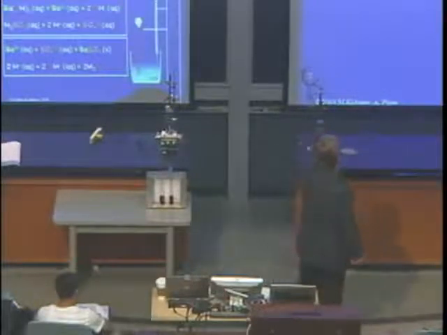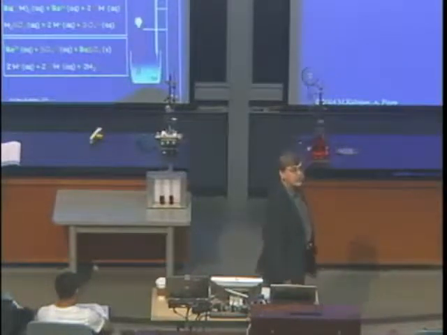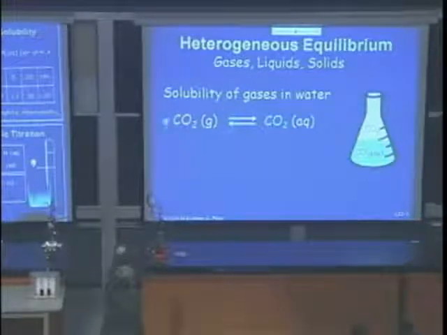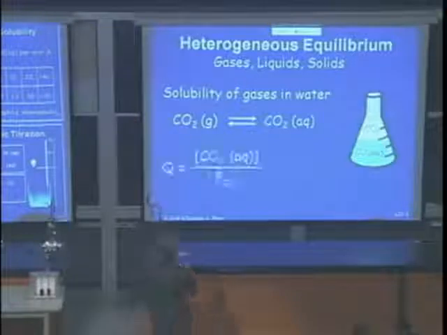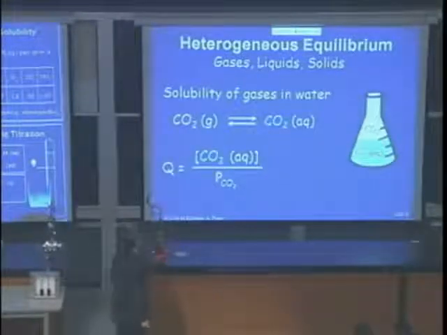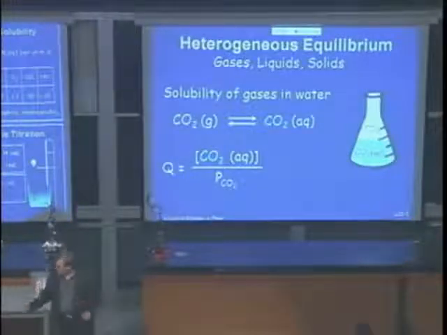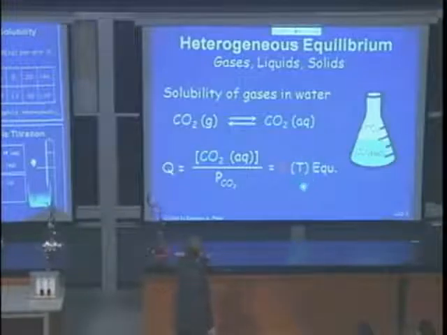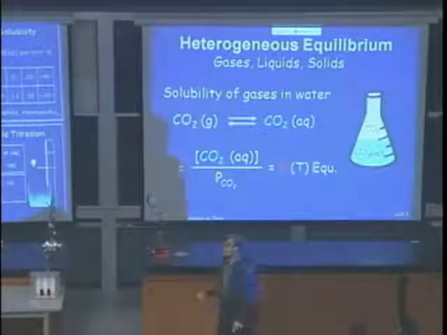With this, we can now write a reaction quotient. The quotient is the concentration of the dissolved species divided by the partial pressure of the CO2 gas, because we have a gas. This is this equilibrium quotient, and this is this reaction quotient. And if we are in equilibrium, then it equals K, and that equilibrium constant is a fixed number at each given temperature. You can look those up.